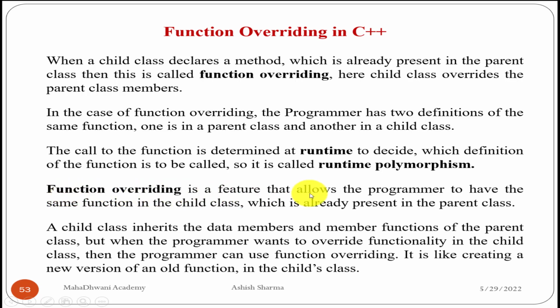Function overriding is a feature that allows the programmer to have the same function in the child class which is already present in the parent class. A child class inherits data members and member functions of the parent class, as we have already done in the inheritance section. But when the programmer wants to override functionality in the child class, the programmer can use function overriding.